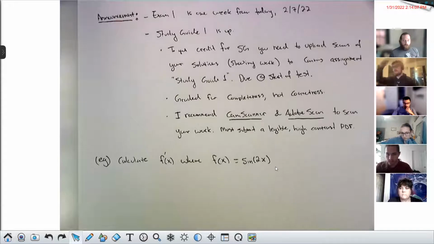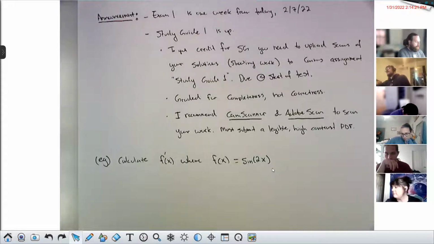Normally, chain rule works great. We don't know the chain rule yet, right? So one thing that you can use to differentiate this particular function is an identity. And I always like to bring trig identities in when we can.